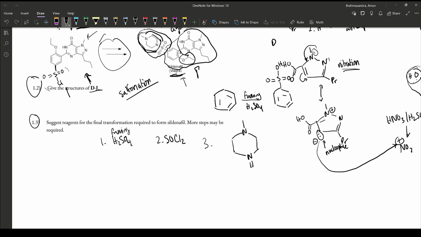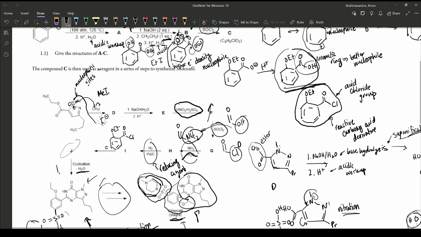We want this nitrogen to attack and replace that chlorine, and there's going to be a deprotonation of this nitrogen as well. Like if we look at this, when our NH3 reacted with our acid chloride, we ended with NH2.